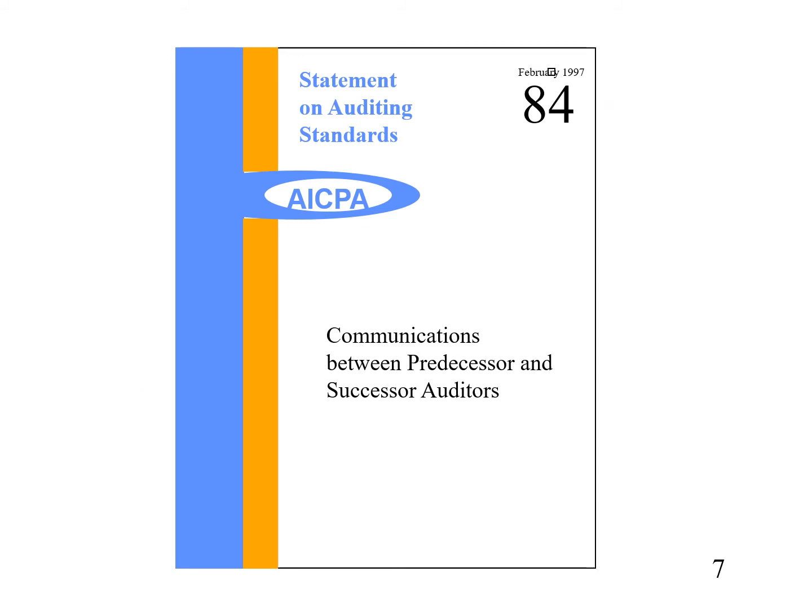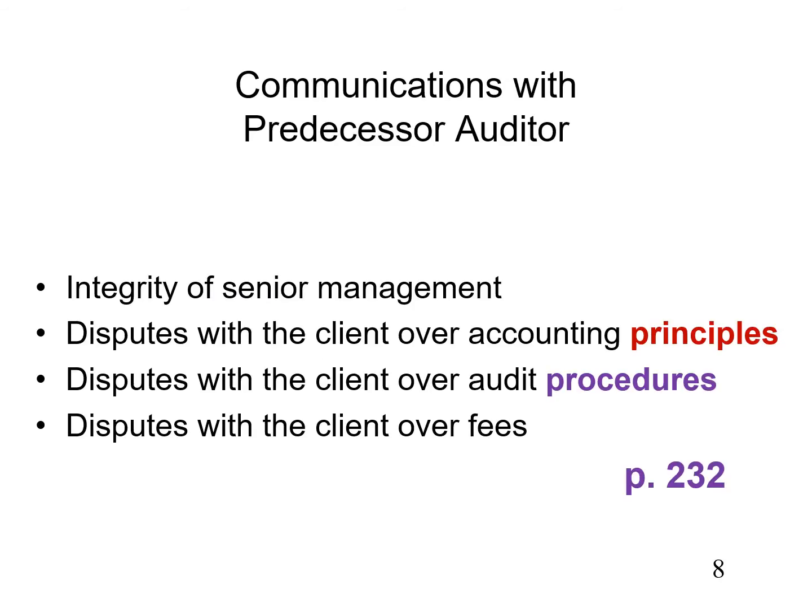This is an old cover from an auditing standard. They sent me one of these back when I was still an active member of the AICPA. A Statement on Auditing Standards is a required communication between predecessor and successor auditor. What are the four big questions?